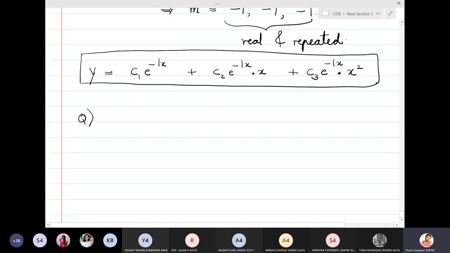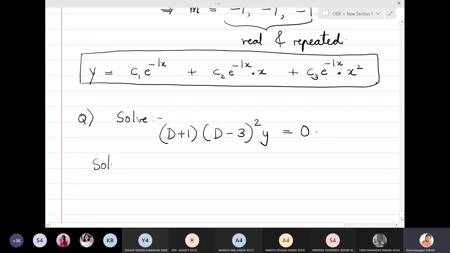Let me just make a slight change, a slight complication now. Solve d plus 1 into d minus 2, d minus, let me take d minus 3 square y equal to 0. So now I'm solving this particular differential equation. Now directly it is given in the format of d, so I will write what is the auxiliary equation.